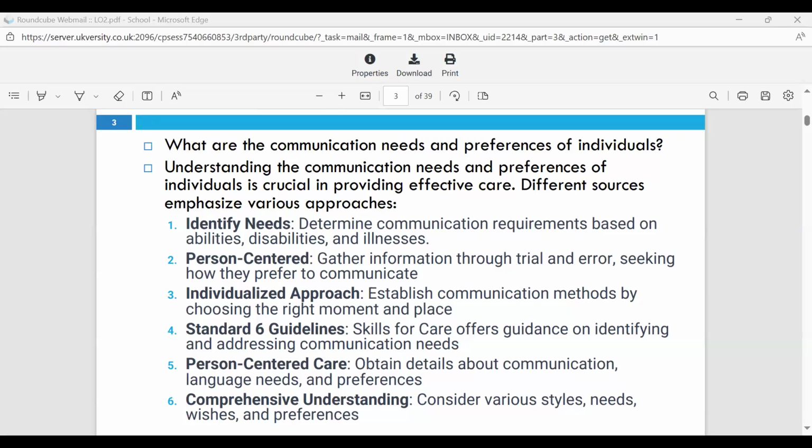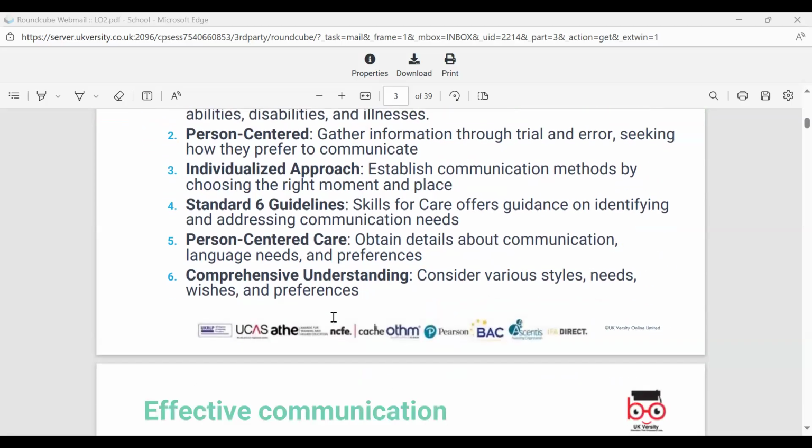Also, in terms of person-centered care, we need to look at how they prefer to be communicated to, making sure the individual is being listened to and understood. We also establish the communication method by choosing the right one for the individual, considering various styles.